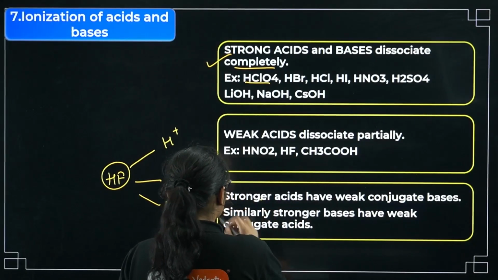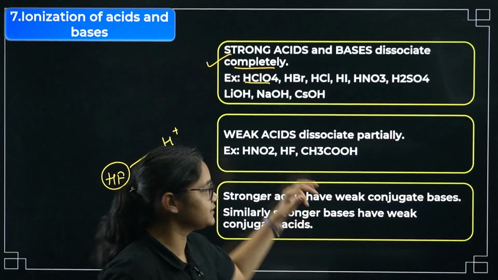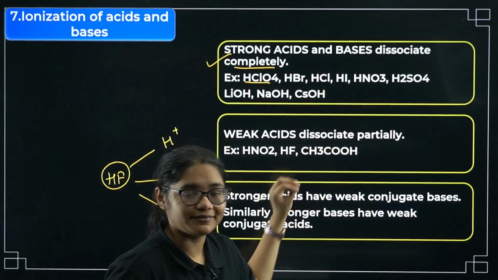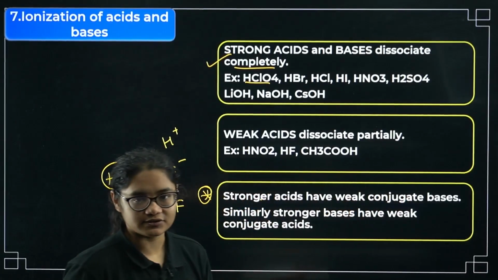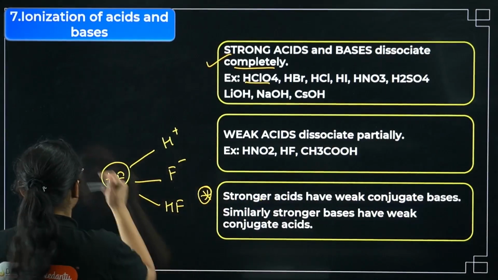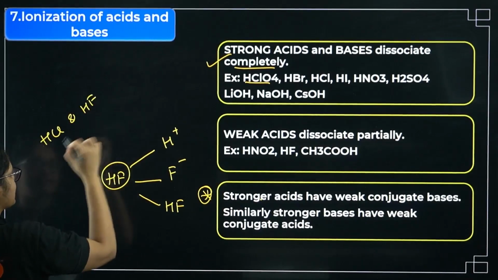Next, this is one important point. If an acid is very strong, meaning it undergoes complete dissociation, the conjugate base formed will be the weakest one. If I compare HCl and HF, both are acids.